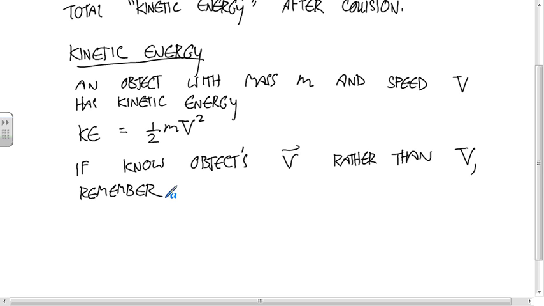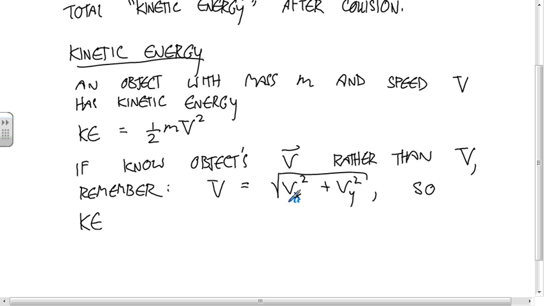That's a Pythagorean theorem thing. And so the speed is always equal to the square root of the square of the x component of velocity plus the square of the y component of velocity. So using this idea, you can also write the kinetic energy as 1/2 times the mass times the x component squared plus the y component squared.